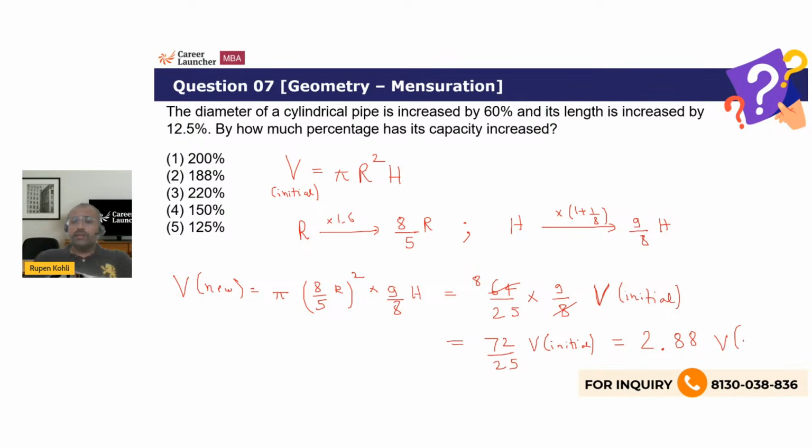So if the new volume is 2.88 times of the original, it means it has increased by 188%. Multiplying factor concept, right? 2.88 times. So 1 plus 1.88. So the percentage growth is 188%, right?